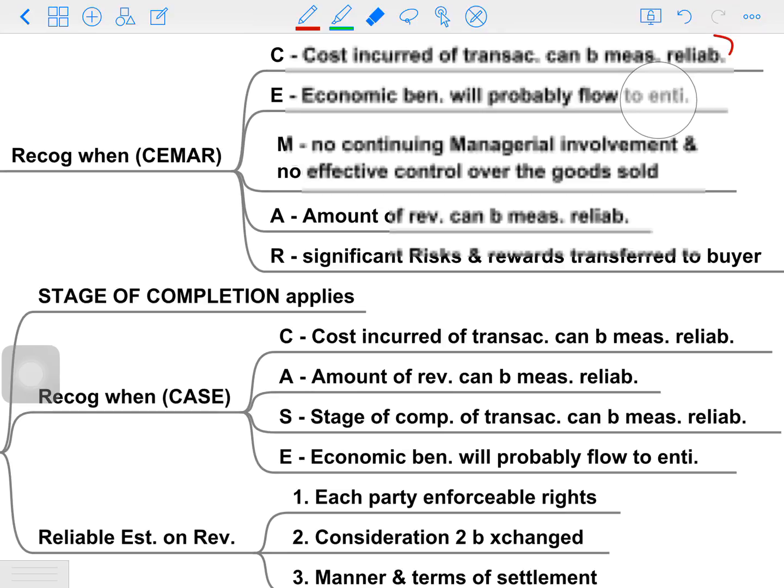These are the conditions: revenue measured reliably, managerial involvement and effective control over the goods has ceased. Maknanya no effective managerial involvement and no effective control. Economic benefit will flow to the entity. Cost can be measured reliably. Okay?